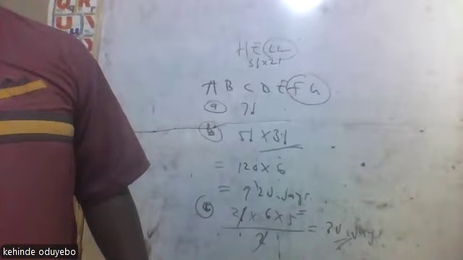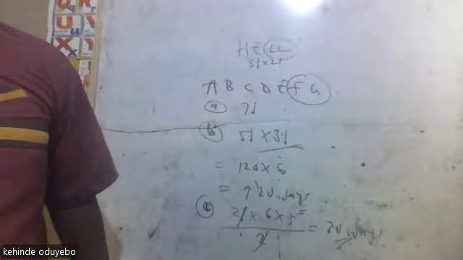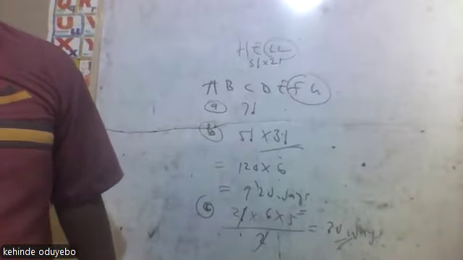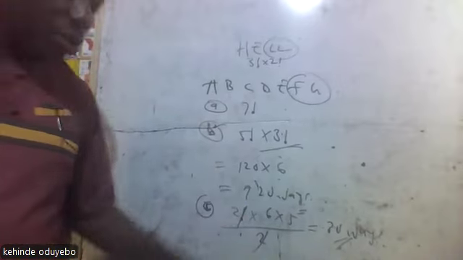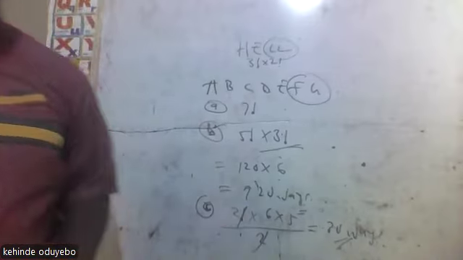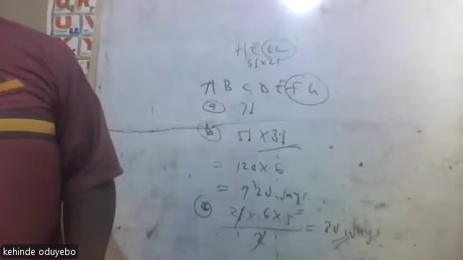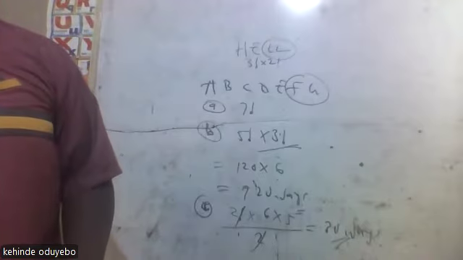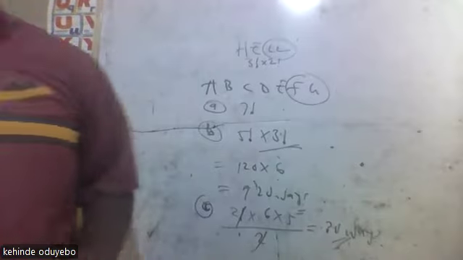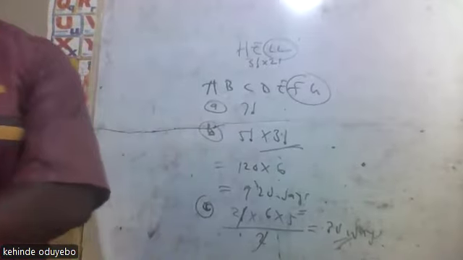Which other one did I give you? I gave you 2 now, I gave you 3. Oh, you gave me 6.7. Okay, that's on combination. I don't think I've taught you that.